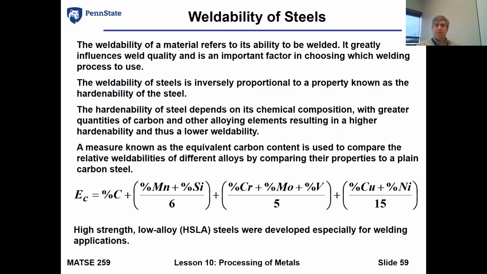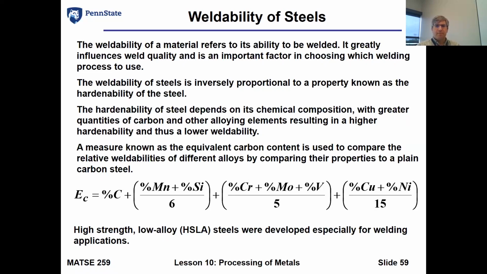What you're trying to do is avoid that and keep the weld metal from cracking, because as I mentioned, if you think about something that heats and cools rapidly, we're creating a lot of residual stress within there, especially through the solidification process and then through the rapid cooling that will occur.